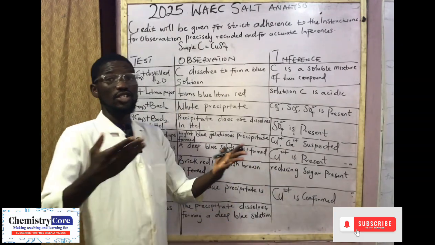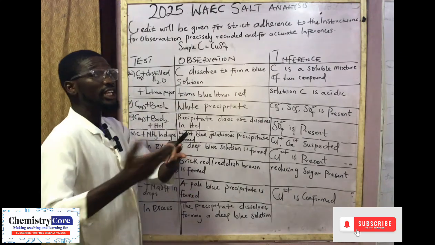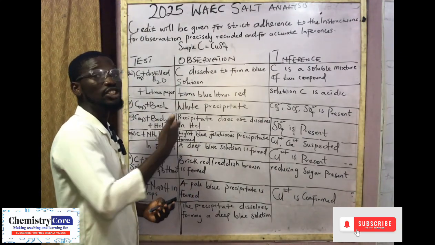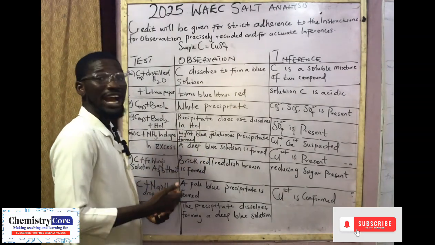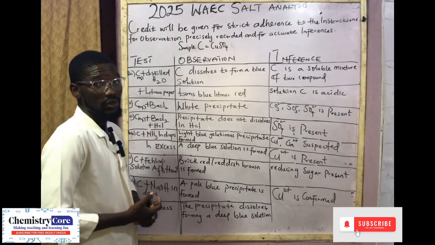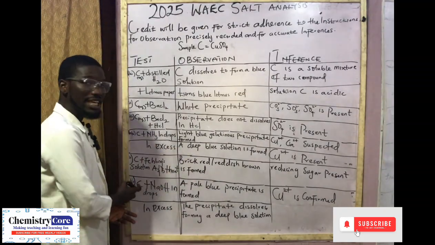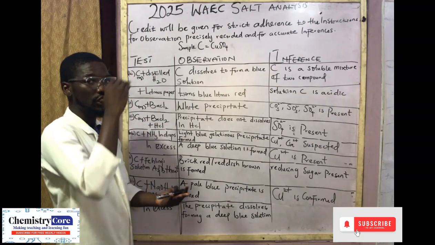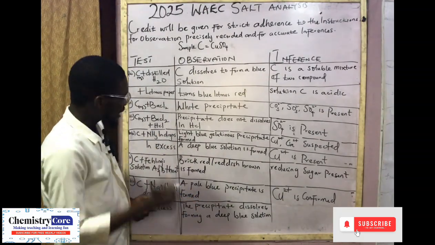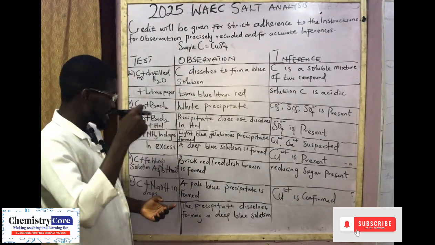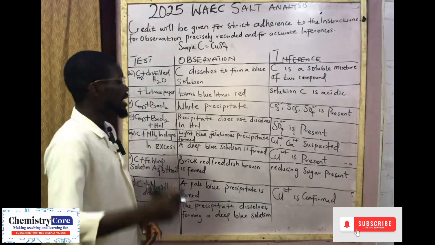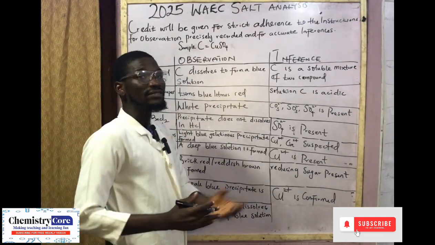In some cases, some tutors can decide to use glucose is present, but the correct one which we can use is reducing sugar is present. We all know that glucose is also acceptable. So the next one is sample C plus sodium hydroxide in drops. You'll have a pale blue precipitate form, and in excess the precipitate dissolves, forming a deep blue solution. With that, copper(II) is confirmed.